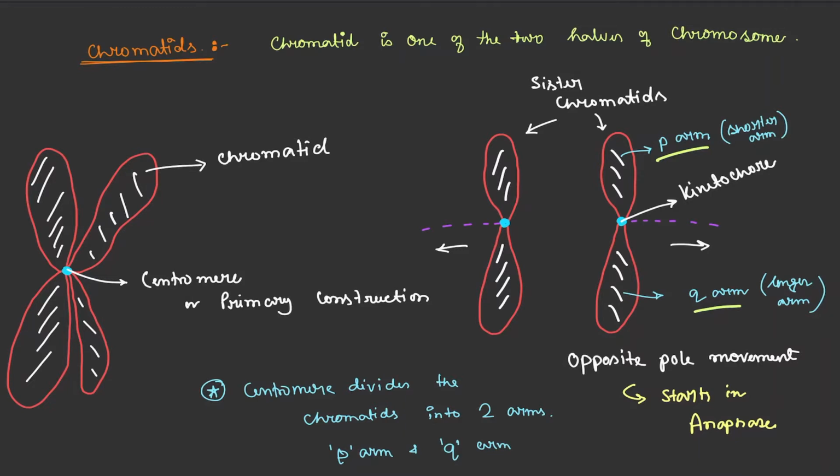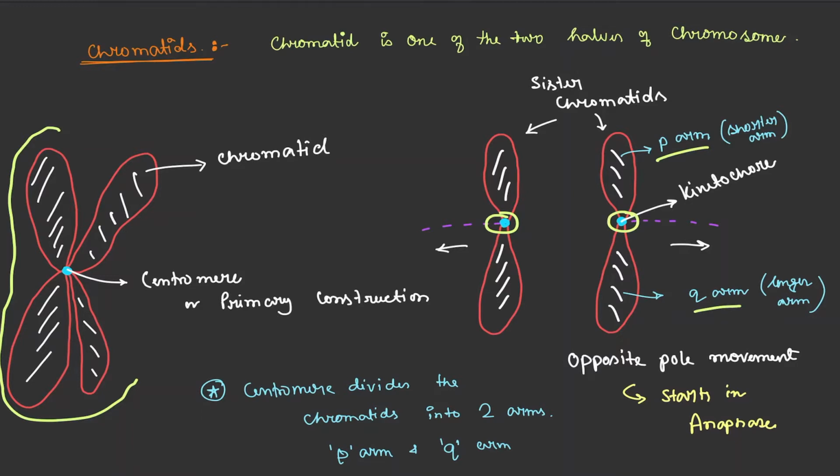At the time of cell division, in prometaphase or metaphase, the chromosomes are highly coiled and dense, so we can see this structure under the microscope. If we stain the chromosome, these are the chromatids and this is the centromere.